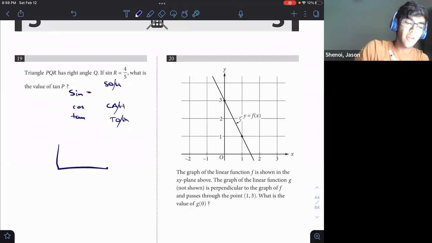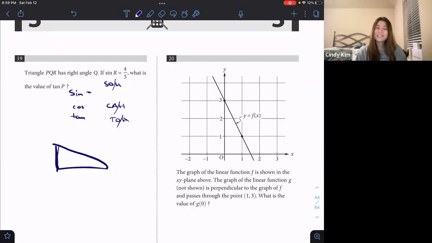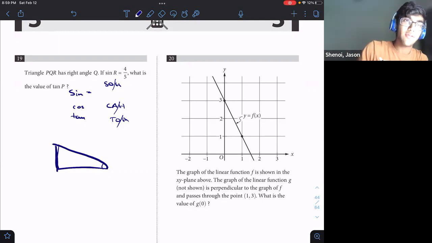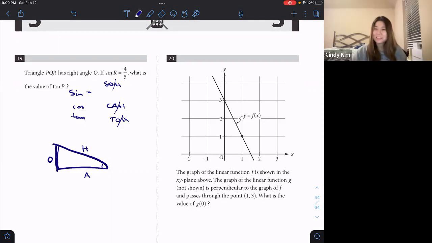So you have a triangle. So if this is your angle, you have your adjacent side, the opposite side, and your hypotenuse. So sine is equal to, what is it called? Give me words.